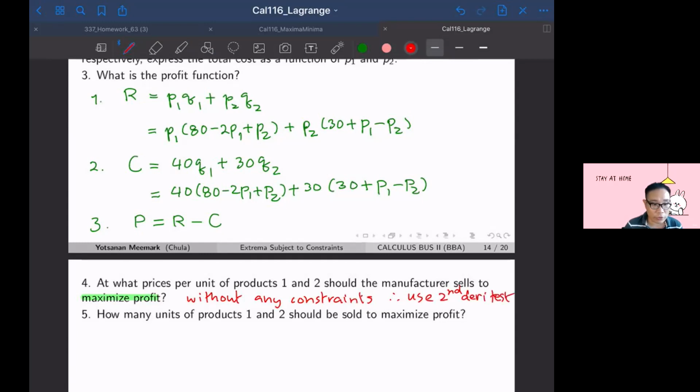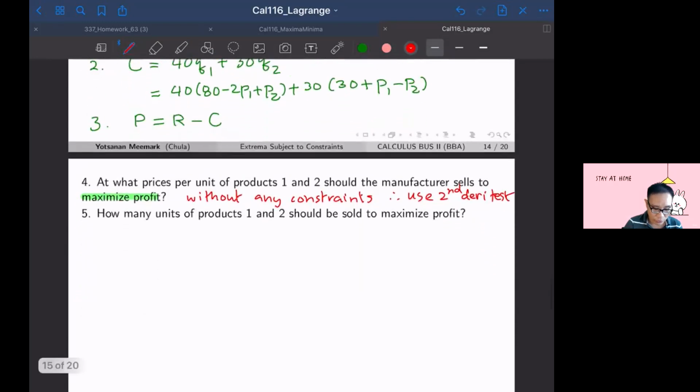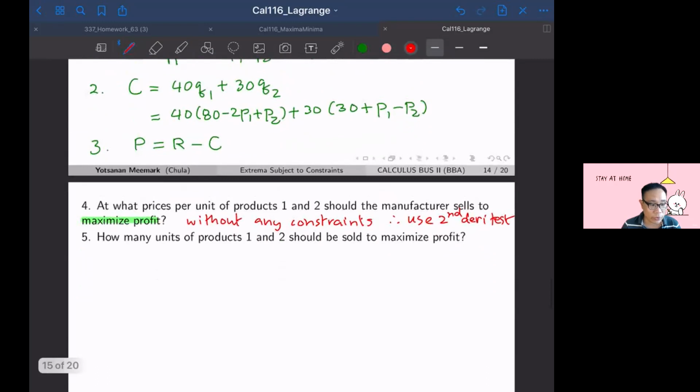In order to use the second derivative test, you're gonna find the derivative with respect to P1 and the derivative with respect to P2. So I'm gonna have P1 and I have P2.